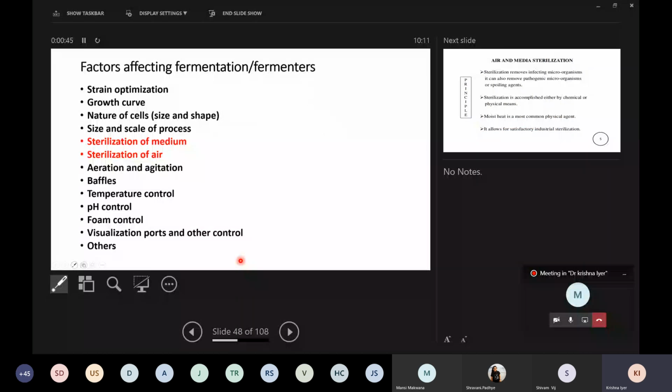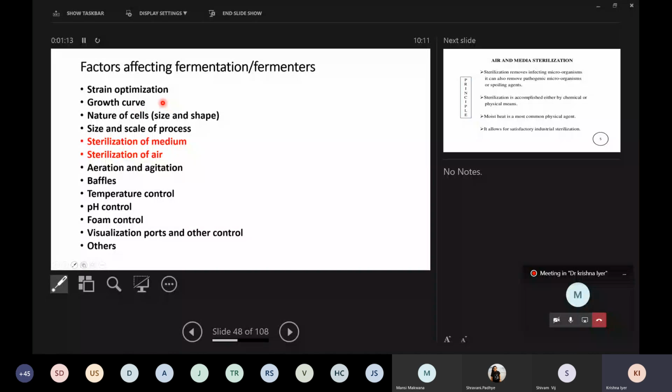We had looked at how using the correct strain, and developing a high yielding strain, is probably the most important factor. Given that, we also looked at how the effect of conditions of growth on the growth curve also plays a big role in the productivity.